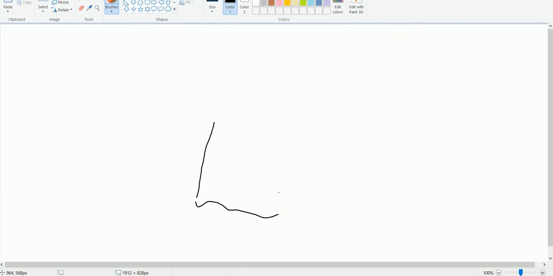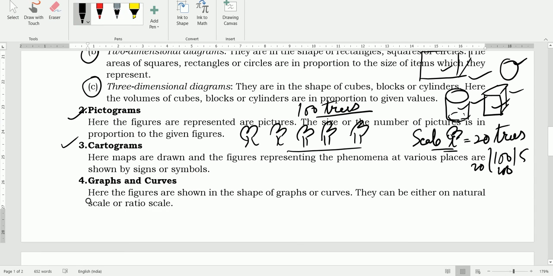For example, this is a map, and on this map, figures representing the phenomena at various places are shown by signs or symbols.